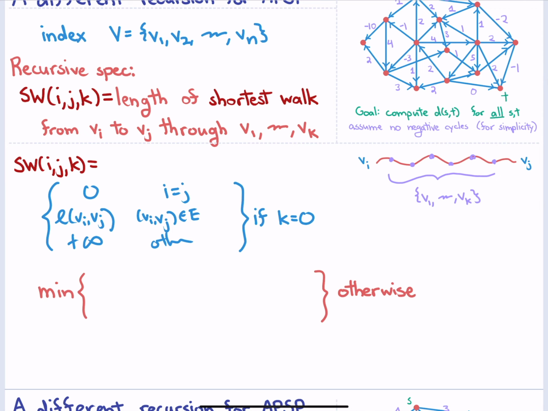What does the inductive step look like? Going from Vi to Vj.